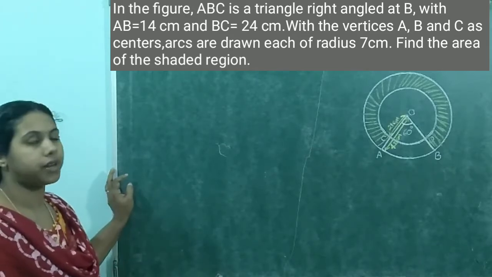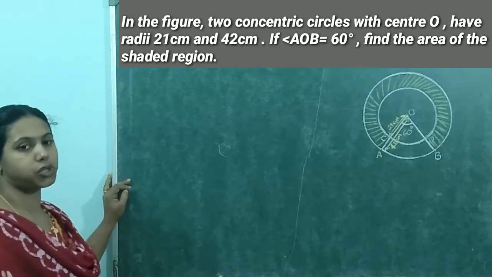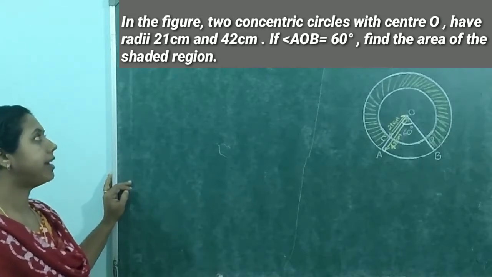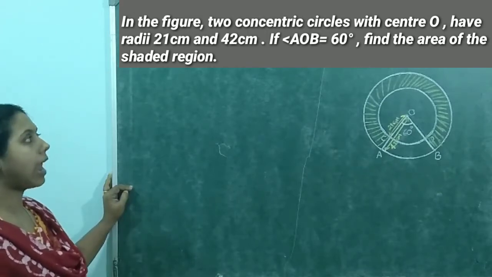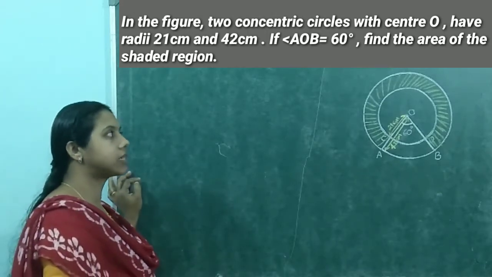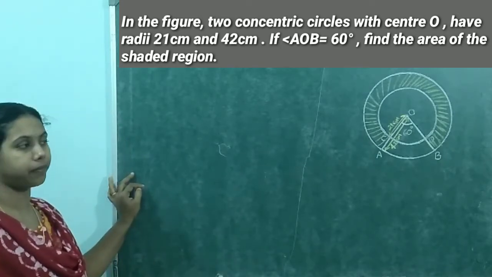See the next question. In the figure, two concentric circles with center O have radii 21 centimeter and 42 centimeter. If angle AOB is equal to 60 degree, find the area of the shaded region.